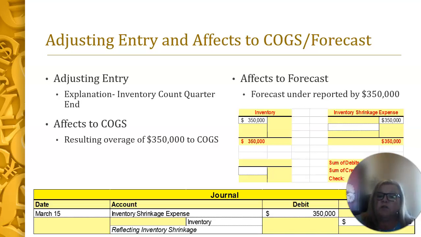So an overage of $350,000 to our cost of goods sold. So you see here again, we have the journal entry, which demonstrates that inventory shrinkage expense as a debit, then a credit or a decrease to our inventory to reflect that shrinkage, and then the same in our T accounts.